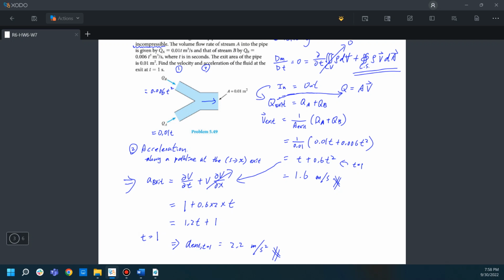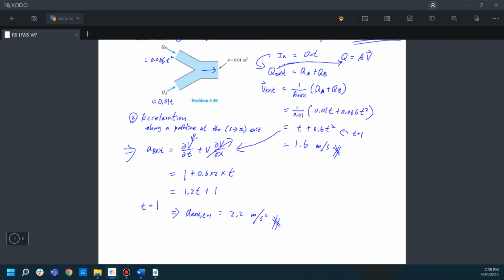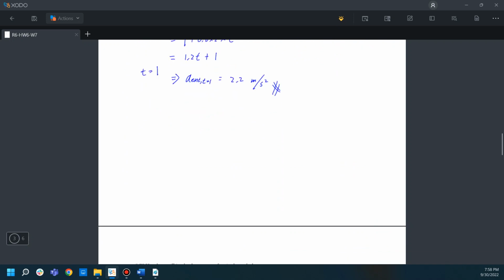Okay, so we only look at the local change, which is this first term here. And then we take the partial derivative with respect to t, then we get the equation, and we solve it and plug in t equal to 1, then we get the solution. Cool. So let's move on to the next one.